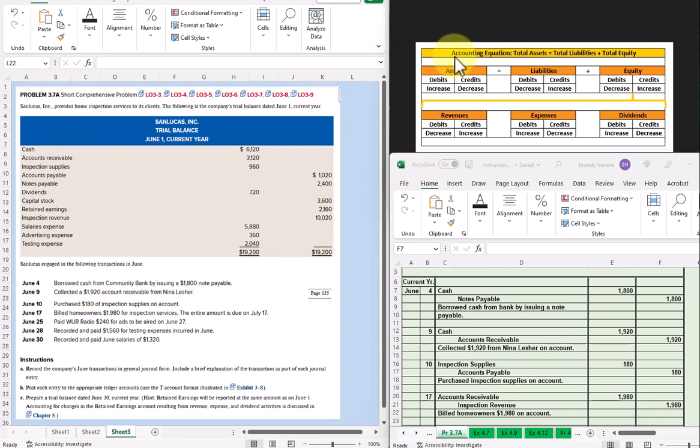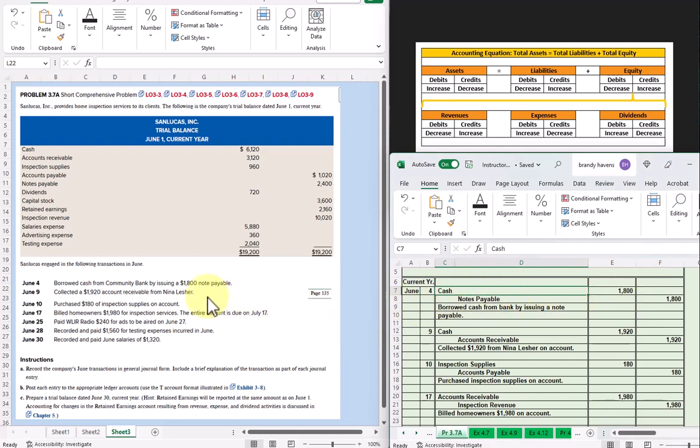So we go over here to our chart and ask, what does it take to increase an asset account? Well, we have to post a debit. In order to increase a cash account, we're going to have to post a debit. So we have a debit to cash for $1,800.